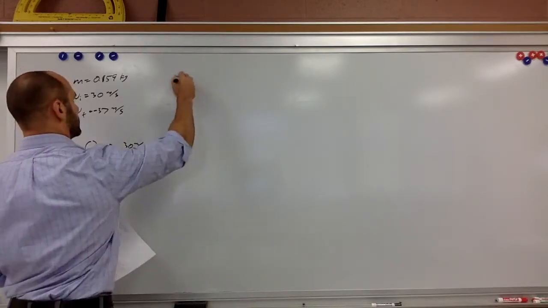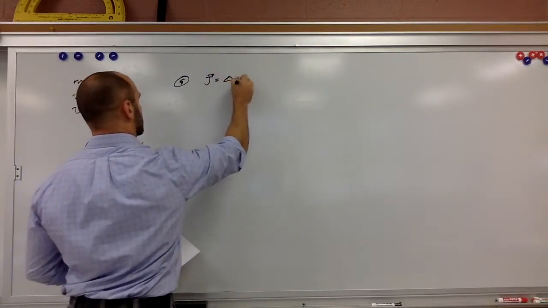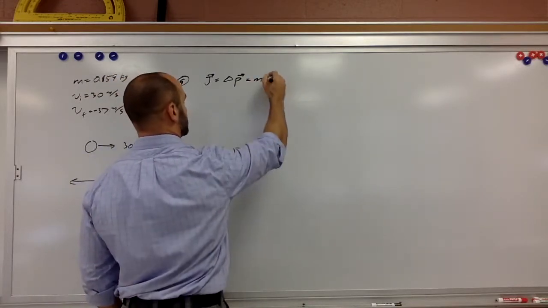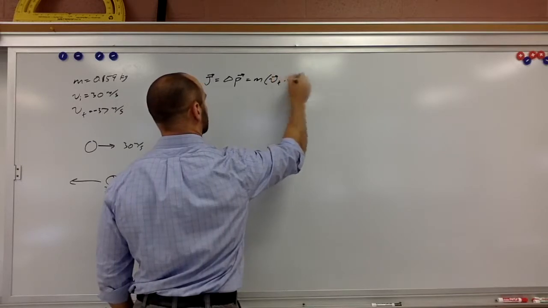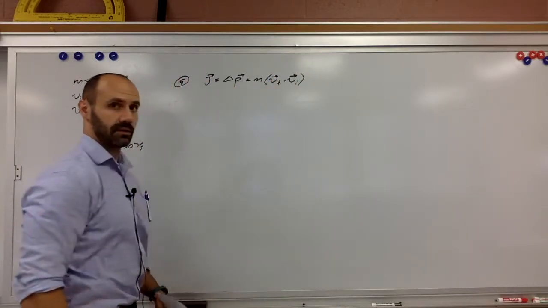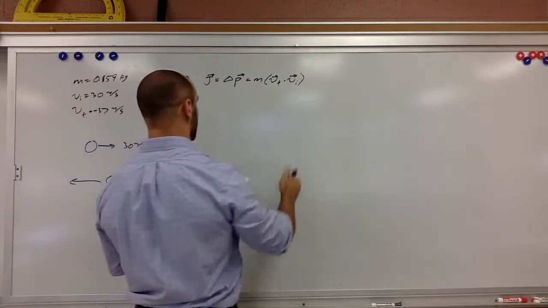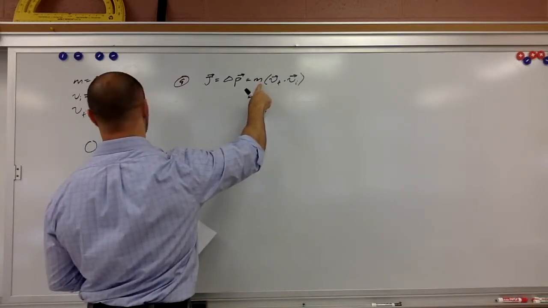So part A, what is the impulse? Well, impulse is delta P. Delta P is going to be m, same mass, VF minus VI. All right, change in momentum. I just factored out the mass there. Okay, skipped a step algebraically. And so when you plug in the numbers, this is going to be the 0.159.